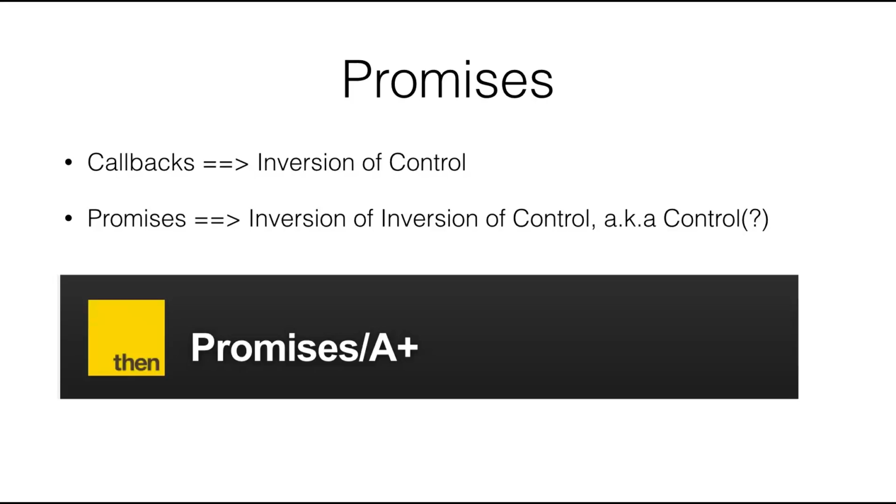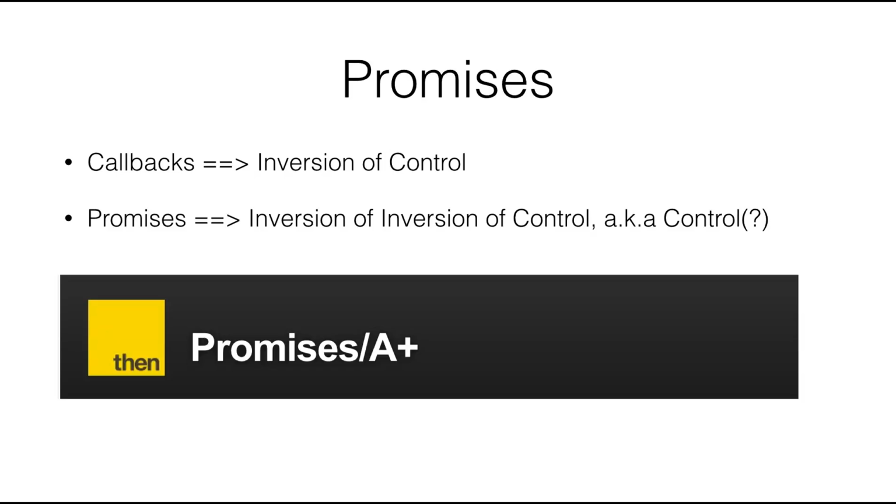What you do is pass the credit card number and then a function to call if the credit card charge was successful or not. So basically you're handing off control of your function to this external library. What promises allow you to do is take back some of that control.